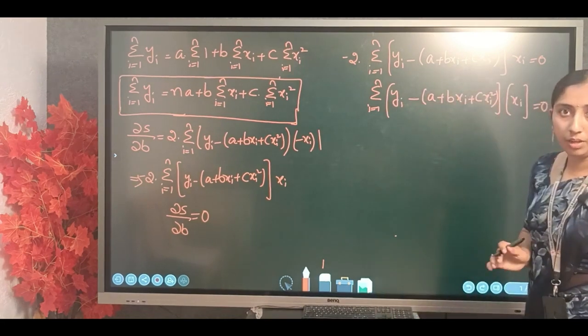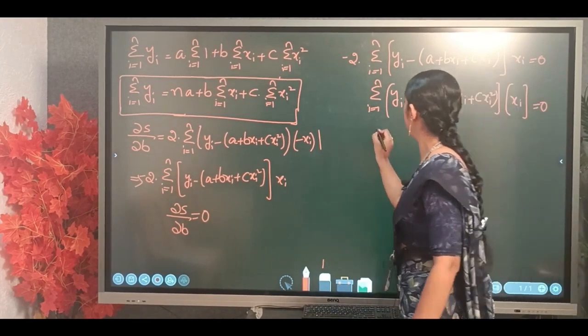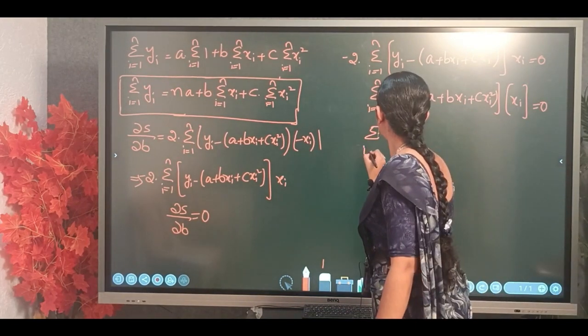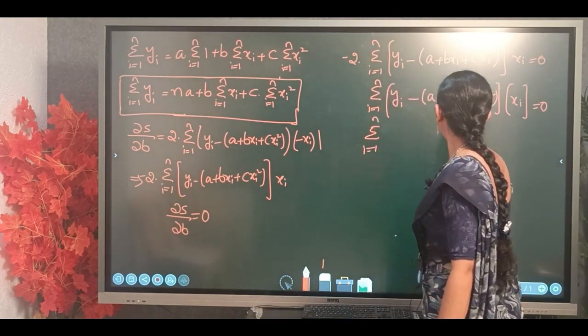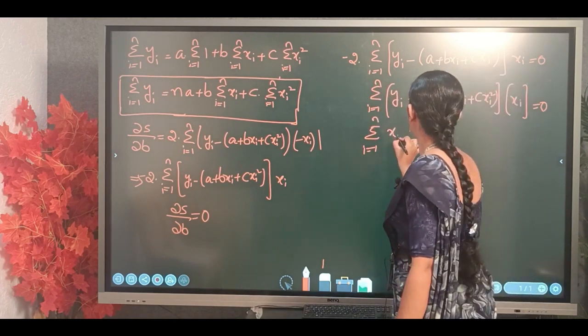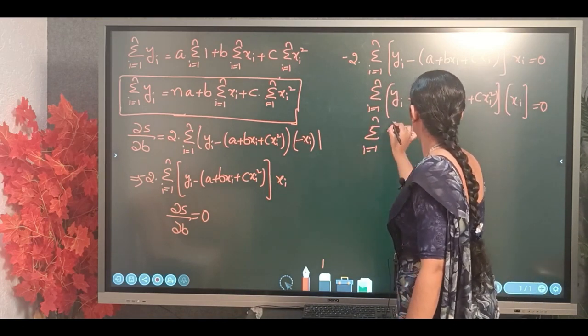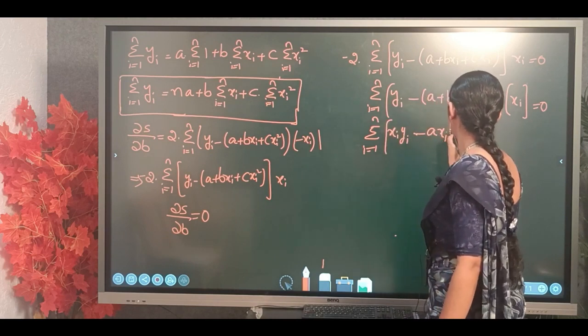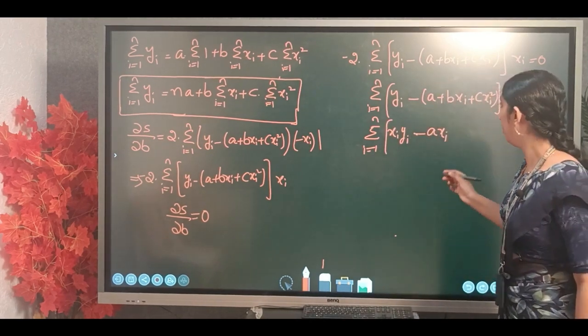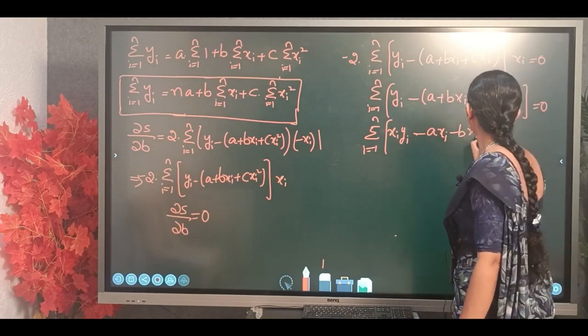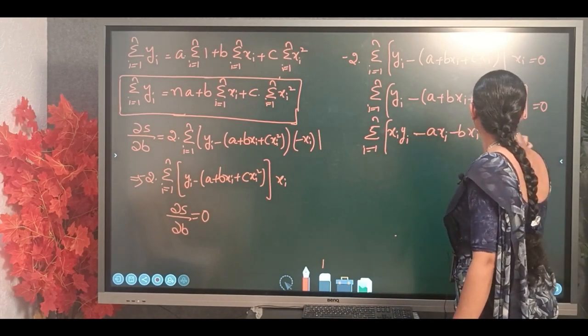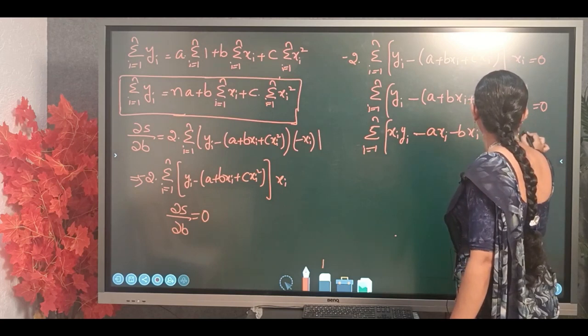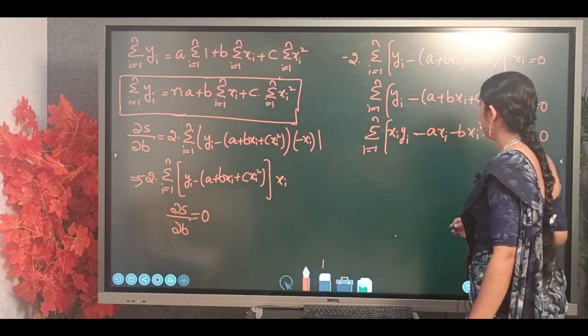Now we are multiplying with xi. What will we get? Summation i equal to 1 to n of yi into xi, nothing but xi yi, and again minus a into xi, minus into plus, minus b xi square, and here minus c xi cube is equal to 0.